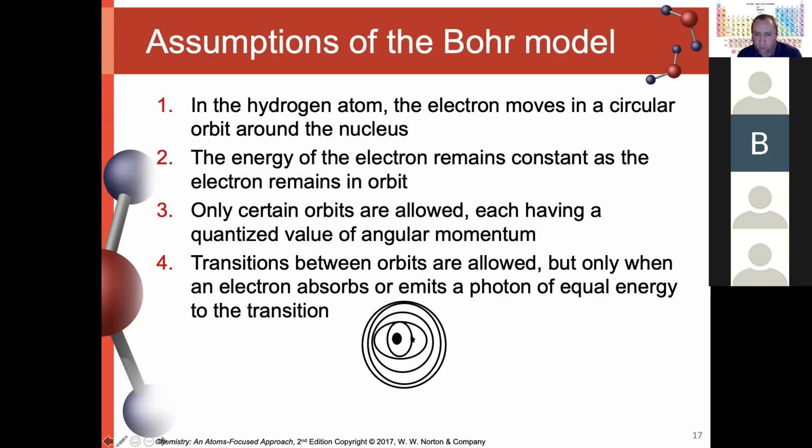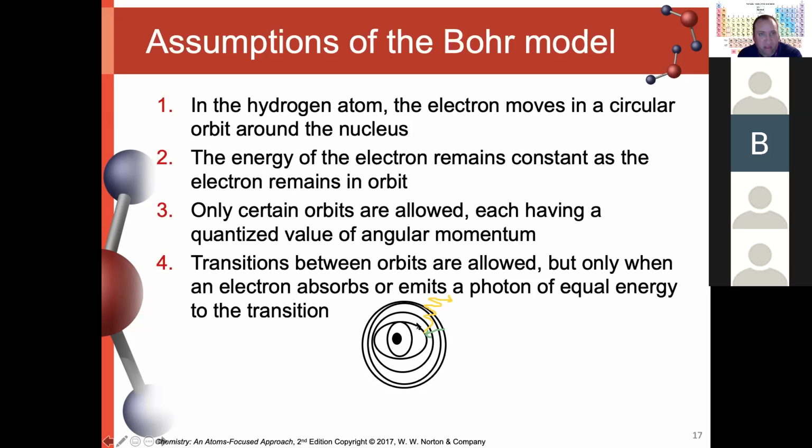And so to go from one energy level to the next, I'm going to need a certain amount of energy. And if an electron goes from a higher energy level to a lower energy level, then what we'll see is the emission of light that has a particular wavelength and frequency associated with the amount of energy that is associated with that transition.